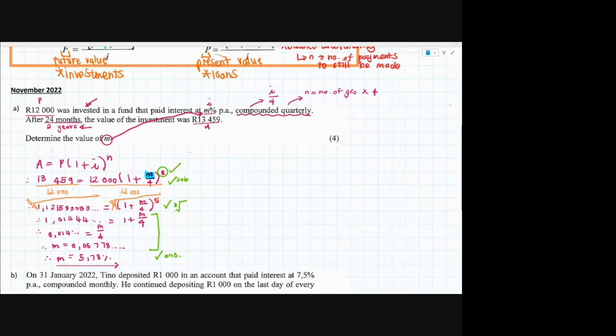It just helps your marker and it helps you in actual fact. Trying to do too many inverse operations all at the same time does become quite confusing. But obviously you do what you're comfortable with. I always show all of my steps, even if they're not necessarily necessary, just because I do think that it makes the working out and your thought process easier. But I mean, you do you.